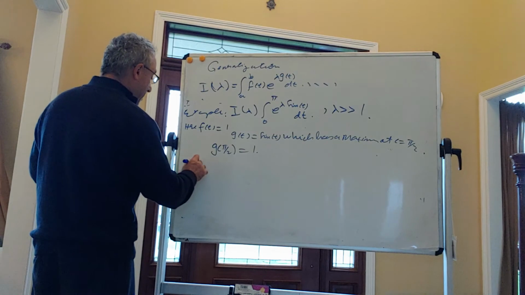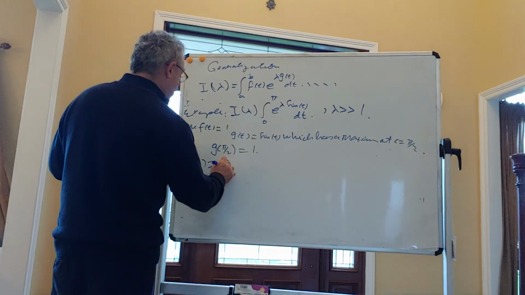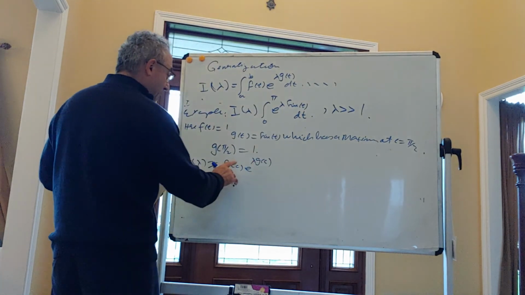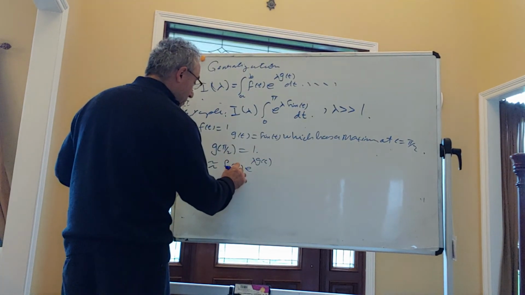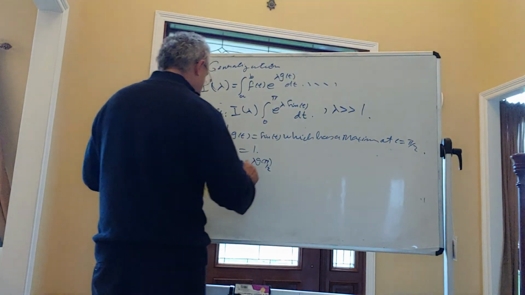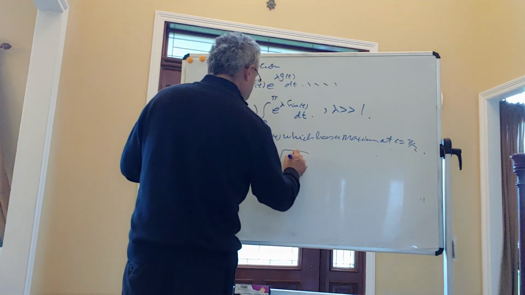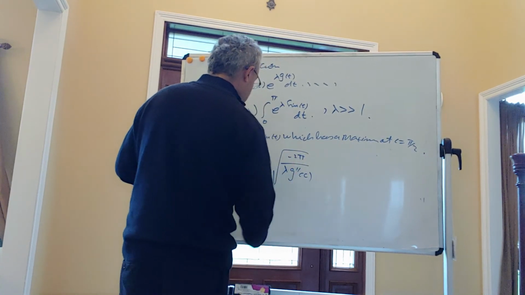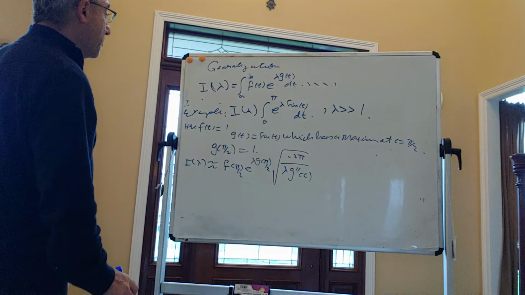So I lambda is about f of c e to the lambda g of c times the square root of minus 2 pi over lambda g second of c. All right.